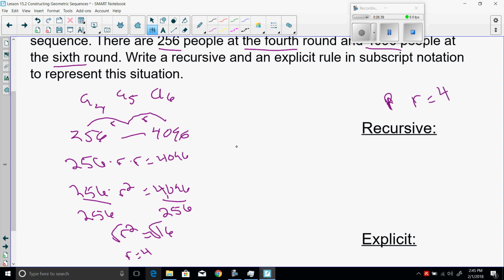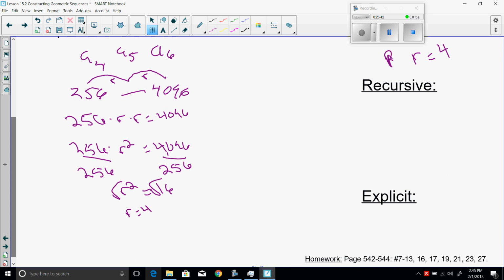All right, so now I got to find my first term. So again, I'm going to start off by writing what would be my explicit rule. And so I'm going to use my a sub 4 value. So a sub 4 was 256, right? So I will say then 256 is equal to a sub 1, that's what I'm trying to find, times the common ratio, which I just found, to the n minus 1.